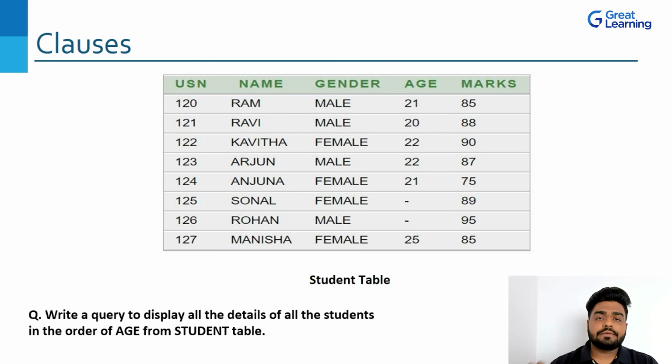Not like that. We have to give the result in the age order, that means ascending order of the age. So first 20 should come, then 21, then 21, then 22, again 22, and then 25, something like that, right? So then we should use some of the clauses.